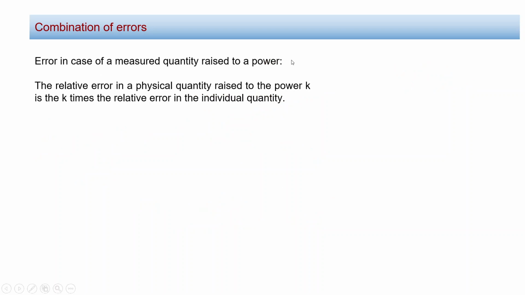Okay, so this is another thing: error in the case of a measured quantity raised to a power. The relative error in a physical quantity raised to the power k is k times the relative error in the individual quantity.